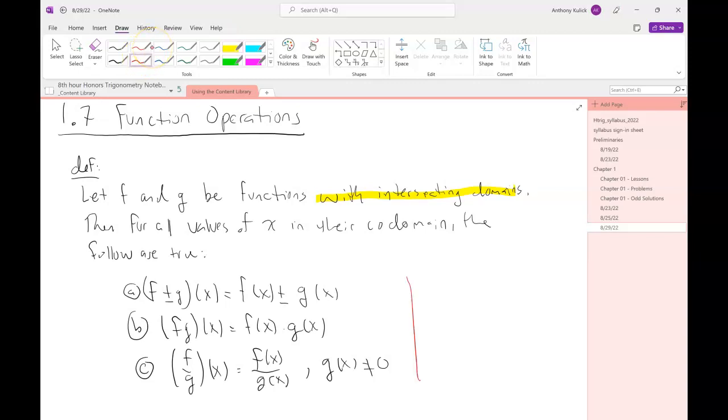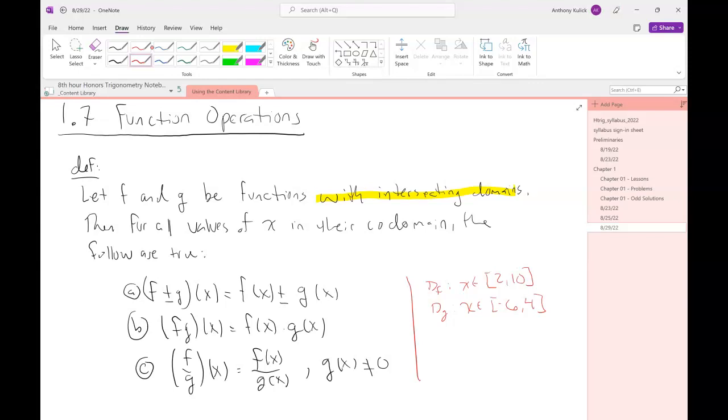Well, let's say the domain for f(x) is 2 to 10, and the domain for g(x), let's say, is from -6 to 4.